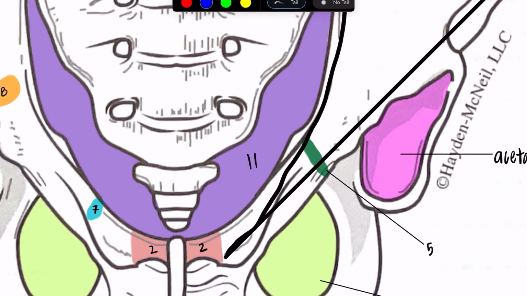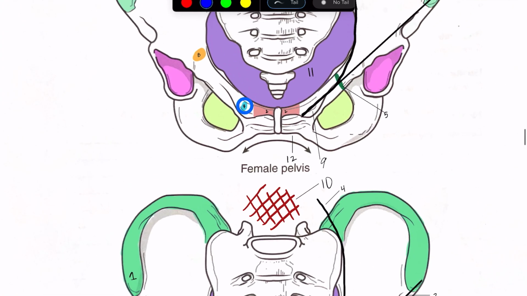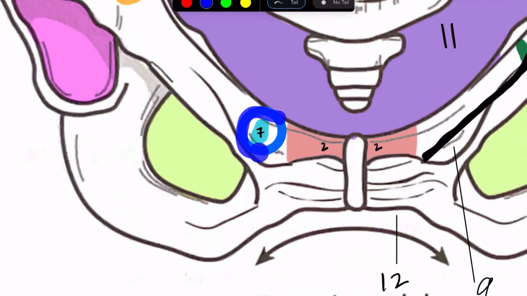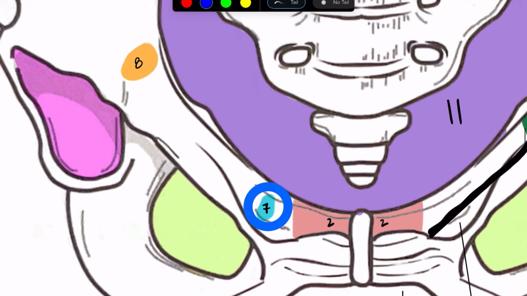Number seven is going to be your superficial inguinal ring. That is going to be sitting right here. I'll show you a picture that will show that a little bit better coming up, whether it's in this video or the next. Eight, your deep inguinal ring is going to come up here.